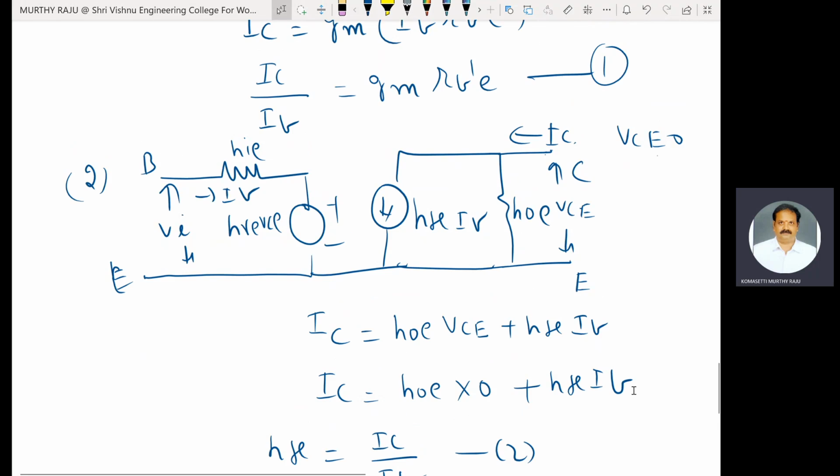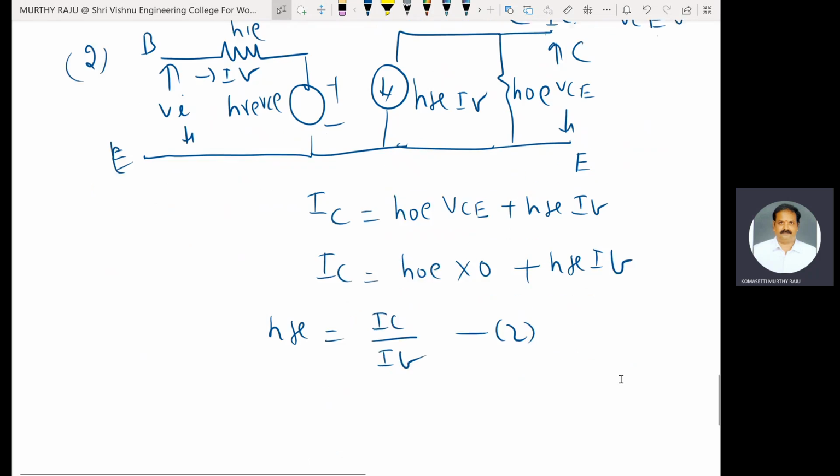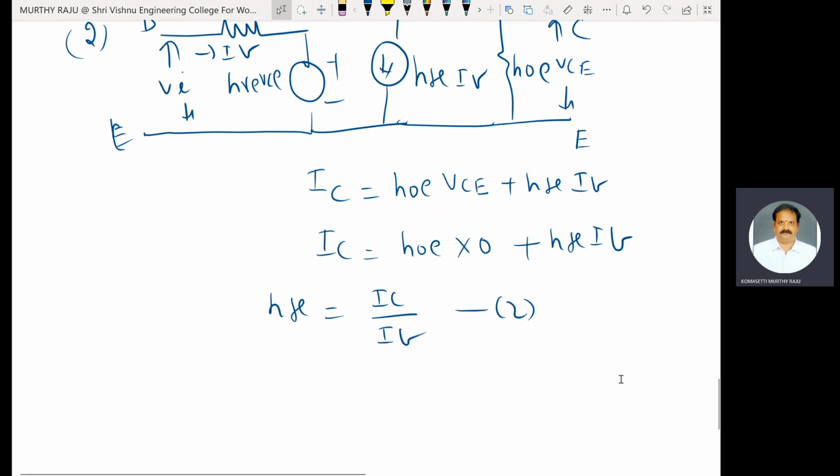See, in the first case, by using hybrid pi model, IC by IB is equal to GM into RB dash E. By using H parameter model at a low frequency, both models are at low frequencies.